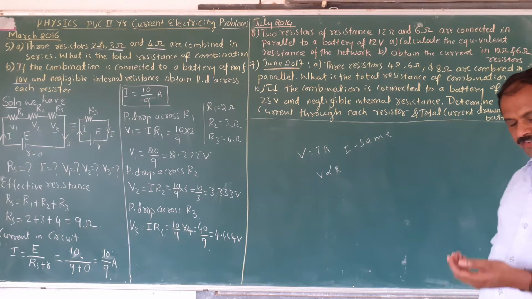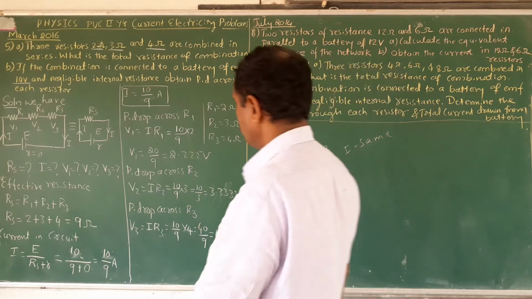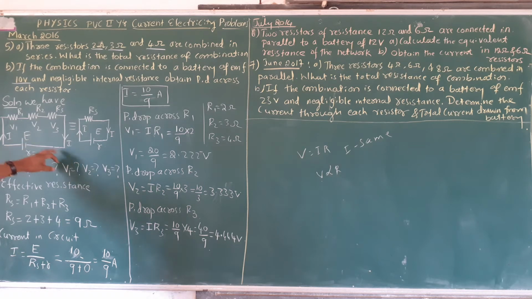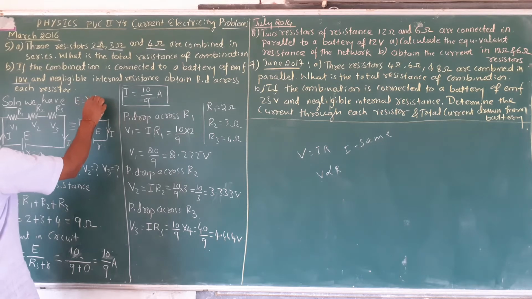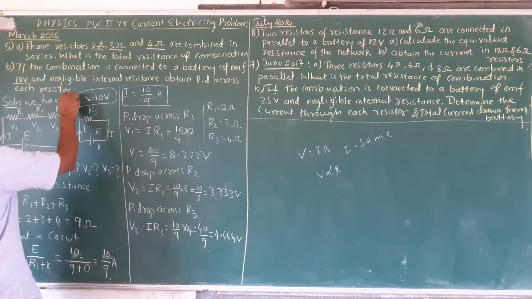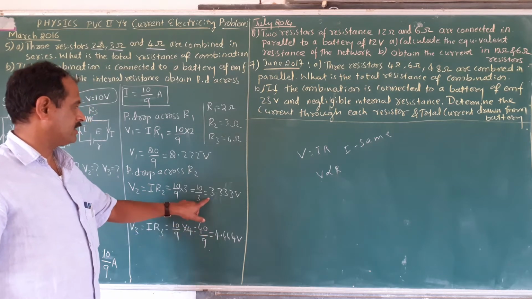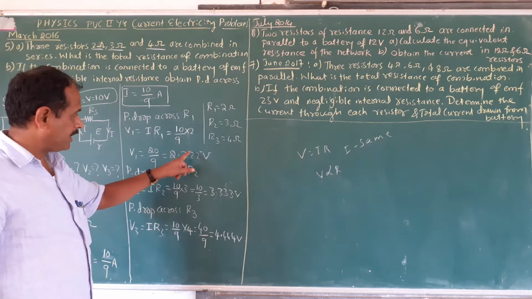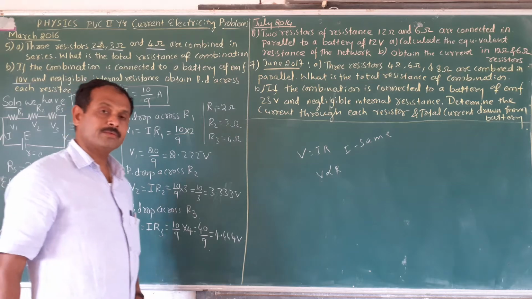Now this is the cross verification. How do we make it into cross verification? The EMF E is equal to 10 volt here. Now add these three values: 4 plus 3, 7. 7 plus 2, 9. 9 plus all the remaining decimals, it becomes 10 volt again.